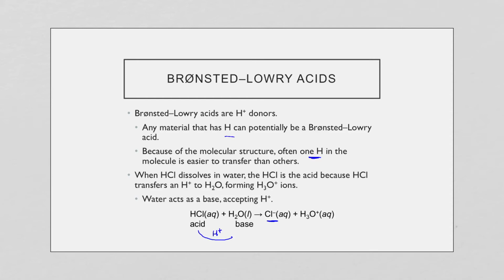In this case, the water functions as the base, the acceptor, and as the water accepts an H+, it forms hydronium ion. So we have water that has now gained an extra hydrogen and, of course, has gained a positive charge.